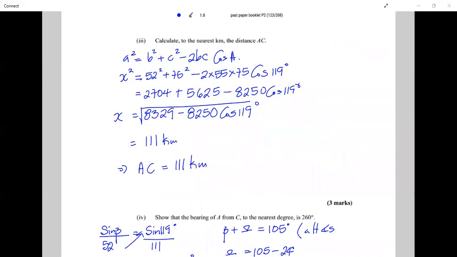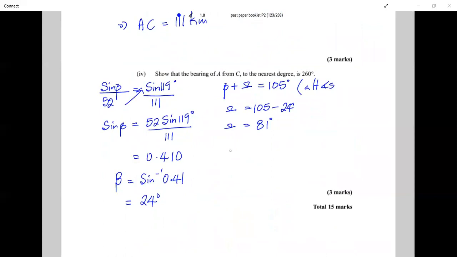So the bearing of A from C is equal to 81 plus 180, and that is equal to 261 degrees.